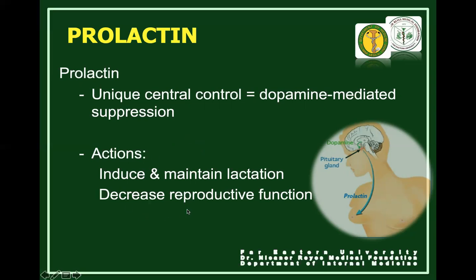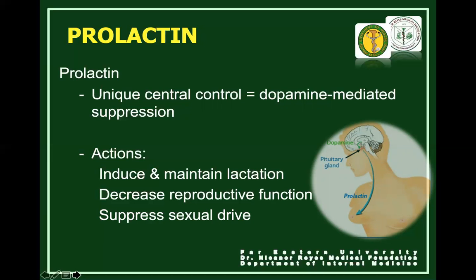So when you take into consideration that it maintains lactation, you want lactation to continue and the reproductive hormone to be suppressed, because you want to nurture the child. So sometimes they say that if you breastfeed, you will not get pregnant. It's because physiologically your prolactin will decrease reproductive function. Okay, and it also suppresses the sexual drive.